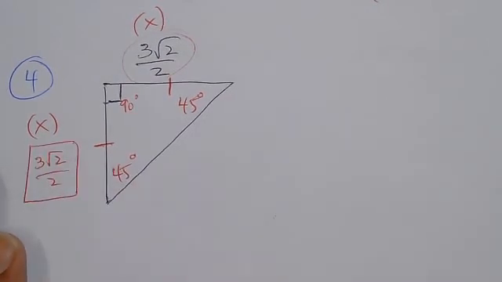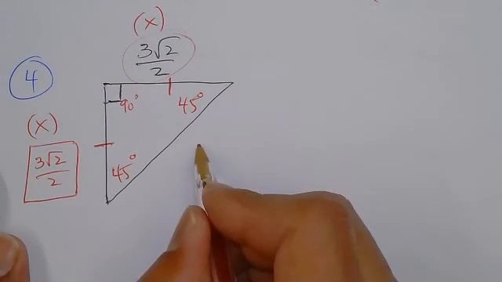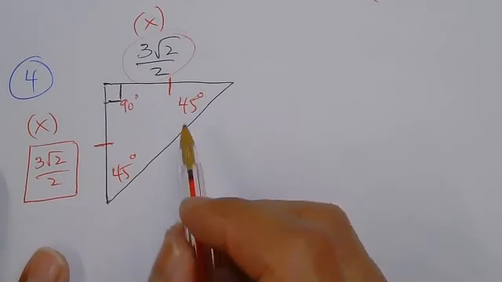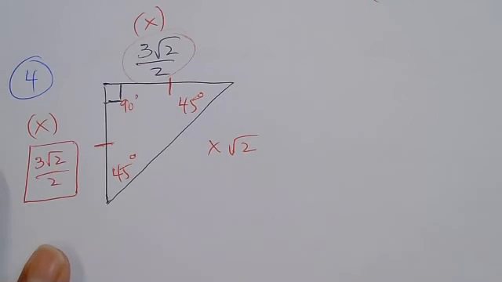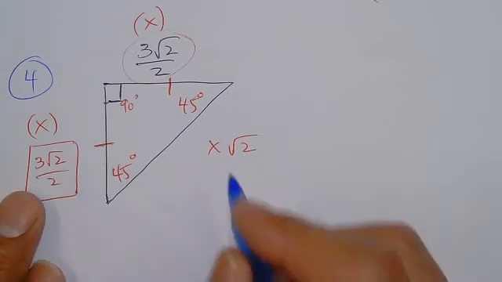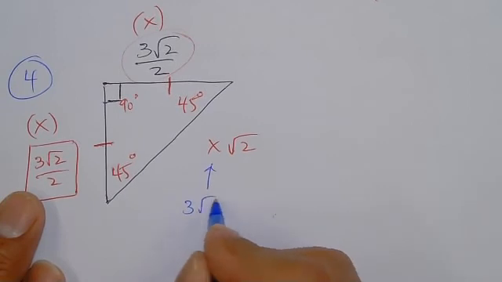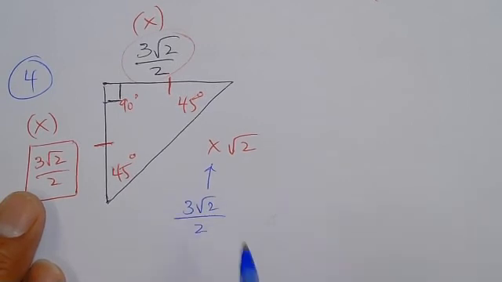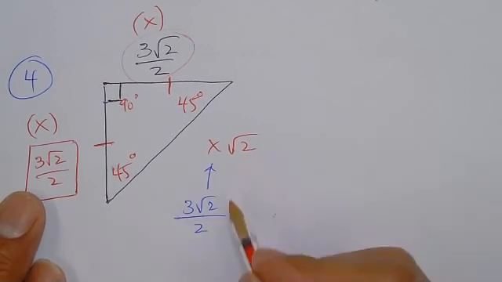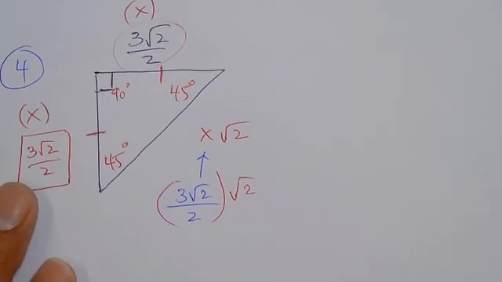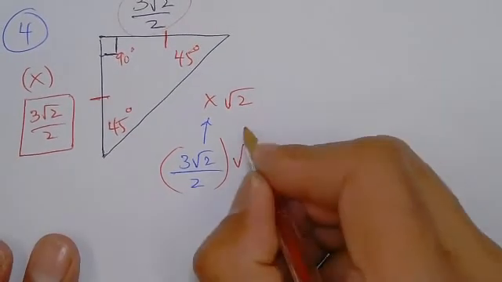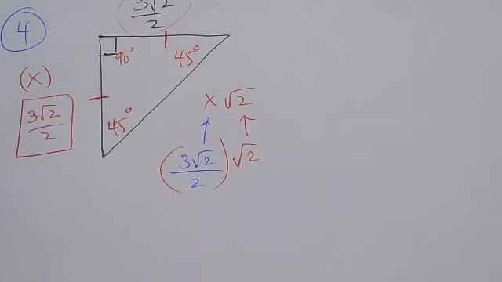Okay, so if X is this, well, this one has to be the same, no? Yes. It's going to be 3. The answer is 3. And then what's this side? I didn't label this side, sorry. X, X, this one's X root 2. Whatever the value of X is times root 2. Well, X is this crazy, difficult looking thing. It's 3 root 2 over 2. But I have to multiply that to a what?